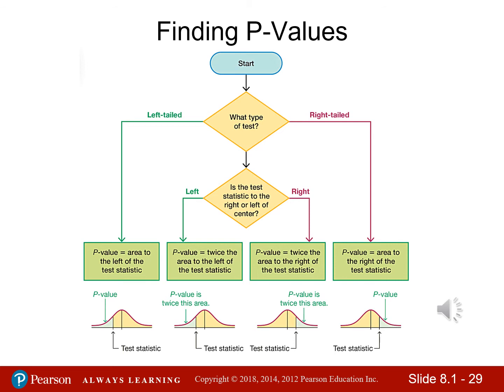If we have a two-tailed test and the critical region is split between the left and right tails, then the p-value is equal to the area to the left of the negative test statistic plus the area to the right of the positive test statistic.